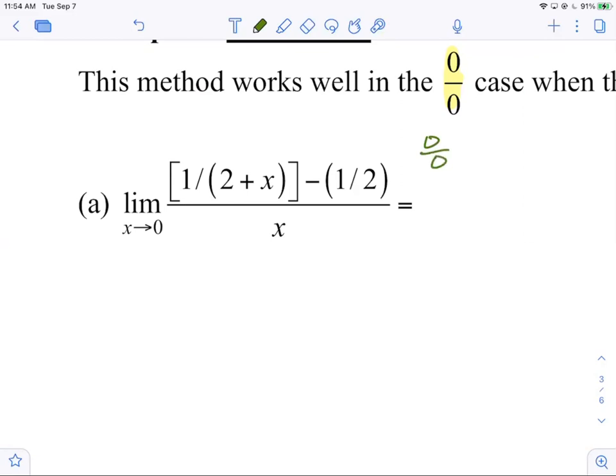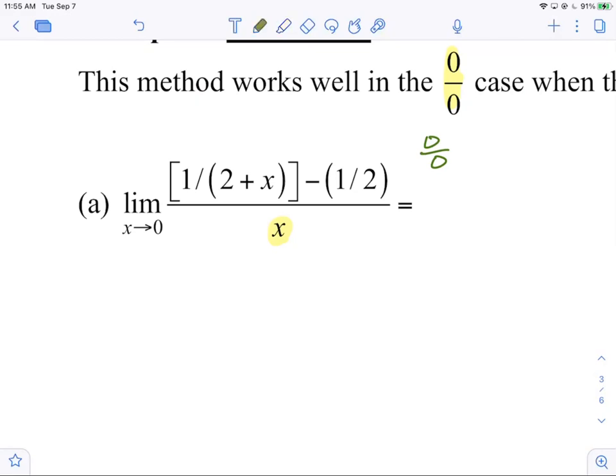The bad guy that you're trying to get rid of is that x factor in the bottom. And if you look at the two terms in the top, neither one of them has an x factor in it, so it's not going to be the factoring method. There's no radical on either one of those, or a negative exponent, which is a fractional exponent, which is a radical in disguise. So what can we do?